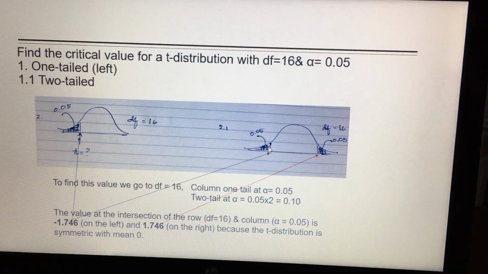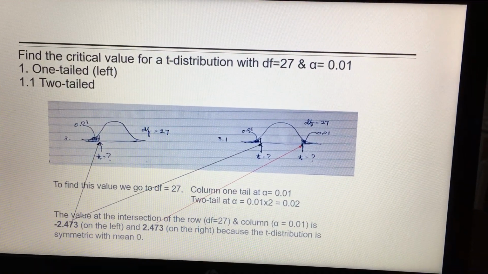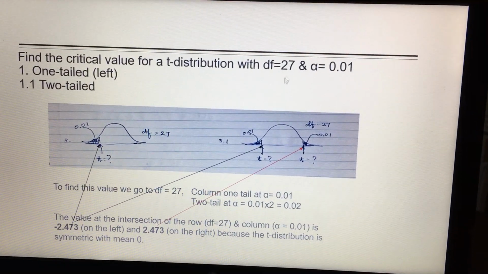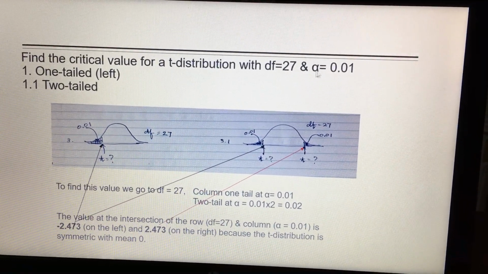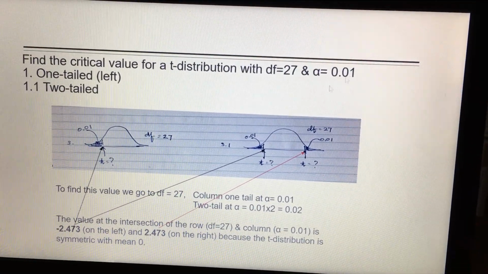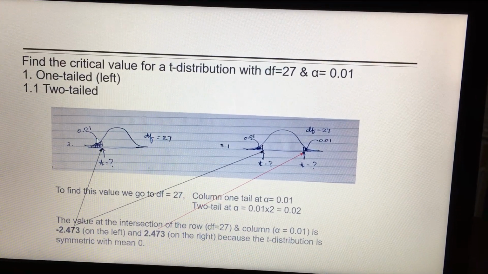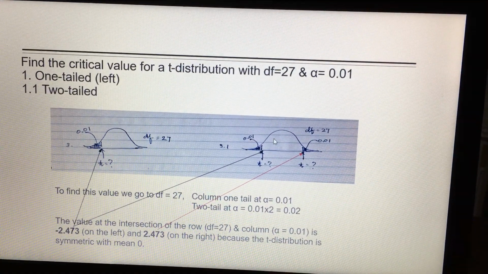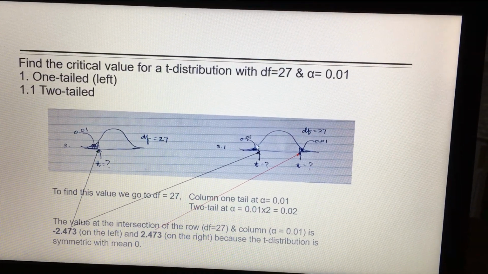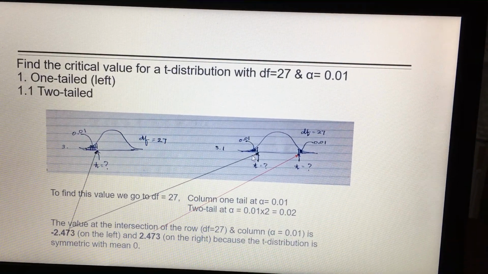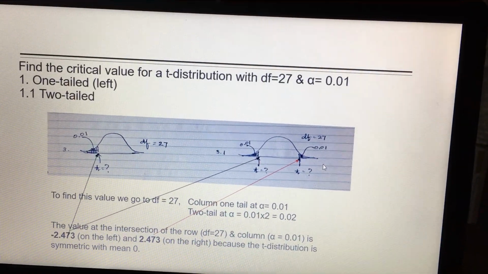For example number 3, we are required to go for degrees of freedom 27 and alpha at 0.01. We have one on the left-tailed and we have the two-tailed, both covering a tail area of 0.01. And what do we do?